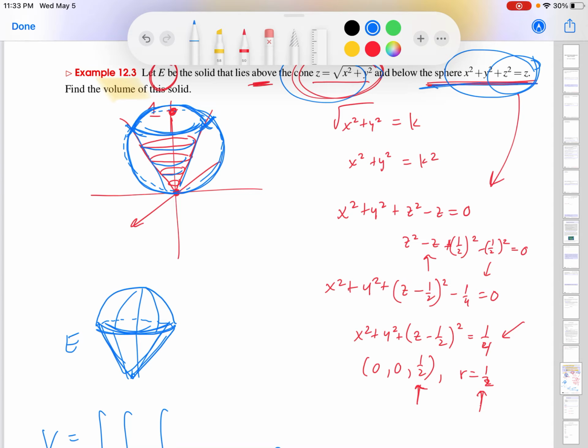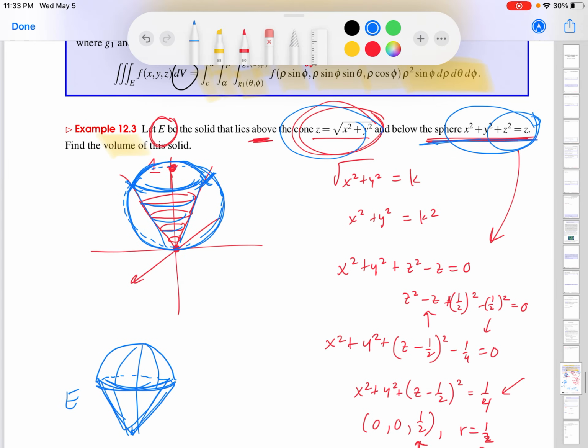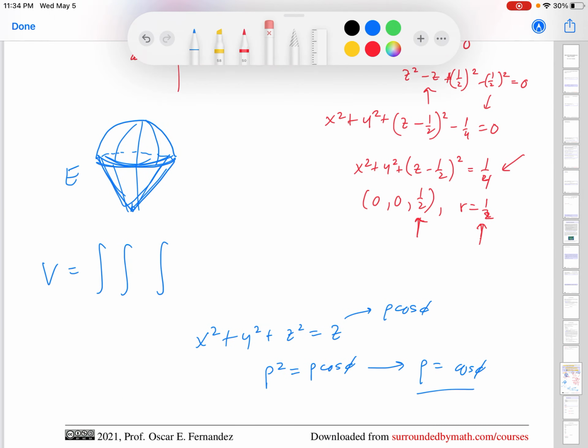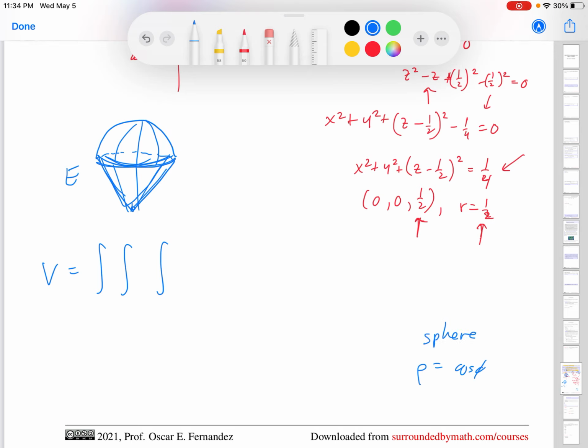I can look at the equation of the cone first, which is up here, and convert it to spherical coordinates. I'll erase some of this and leave some room. We know that for the sphere the expression is rho equals cosine of phi. Now let me do the cone. This is the square root of x squared plus y squared. z is rho cosine of phi.